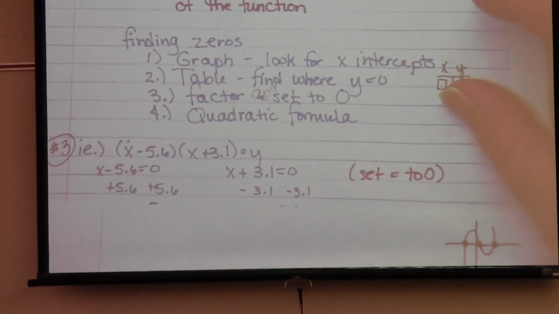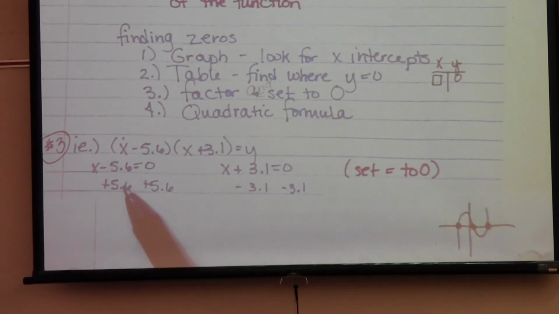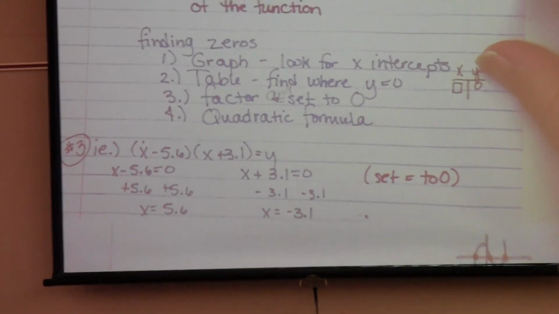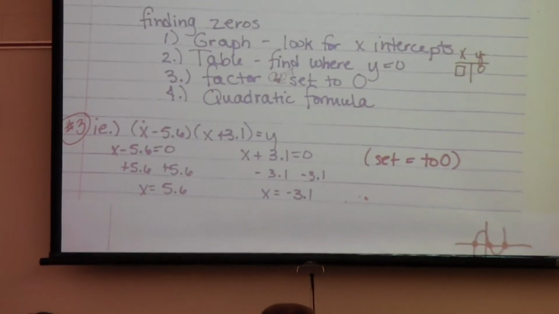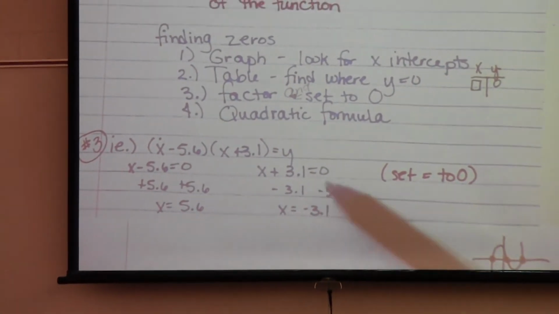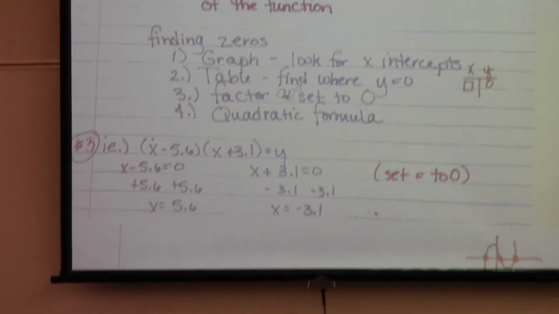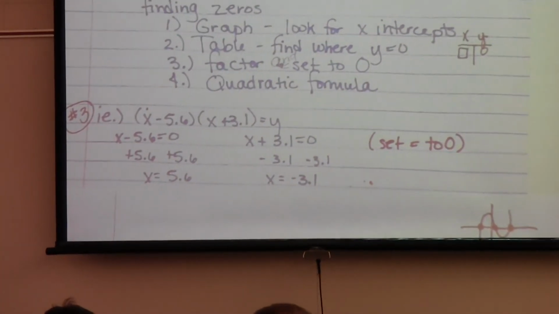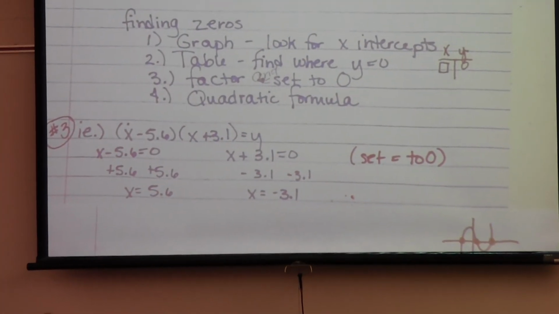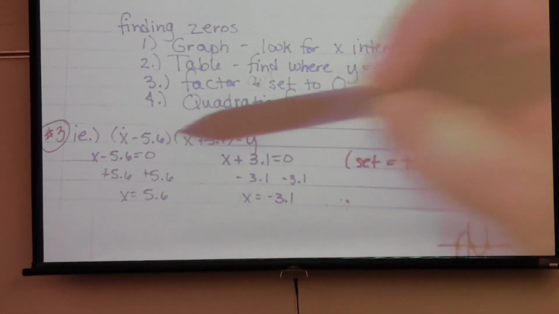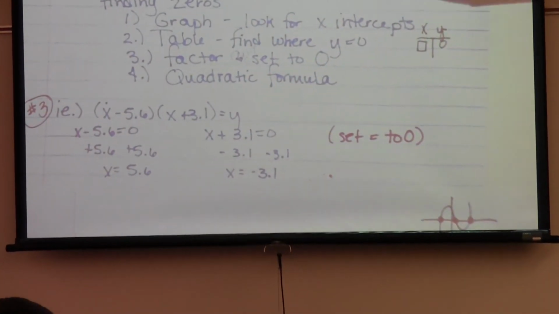When we do that, to solve over here, I'd add 5.6 to each side, which would just give me x equals 5.6. And to solve over here, I'd subtract 3.1 from both sides, which would just give me x equals negative 3.1. Some of you who are extra observant are going to say, well, can't I just switch the sign and say this is 5.6 and this is negative 3.1?